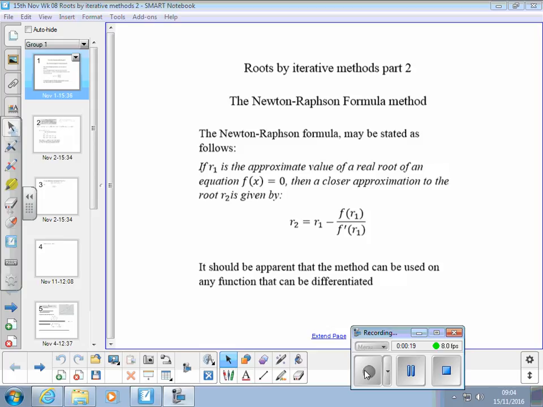And Newton-Raphson's formula is simply stated in the advanced version of the Third Maths book. There is no derivation of it, just simply stated.